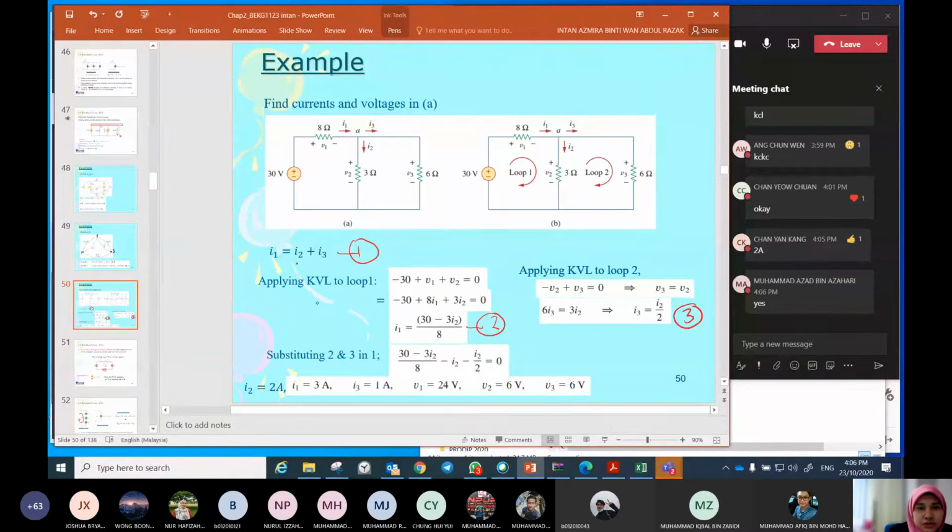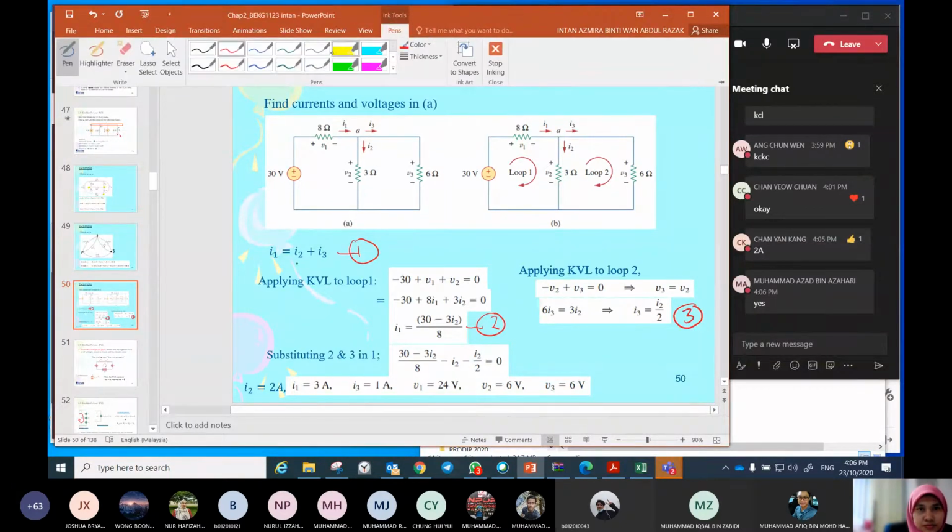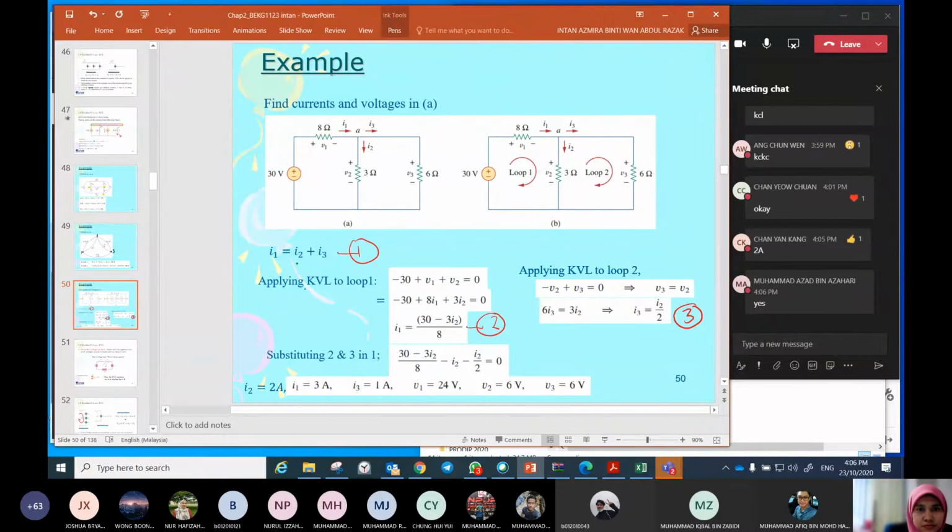Your first equation will be, okay, this is your first equation. It will be I1 plus 3 I2 equal to 30.